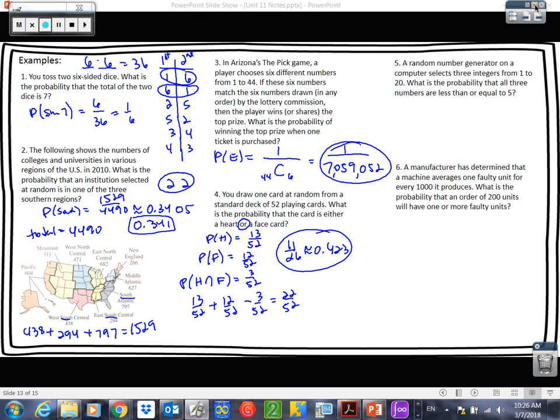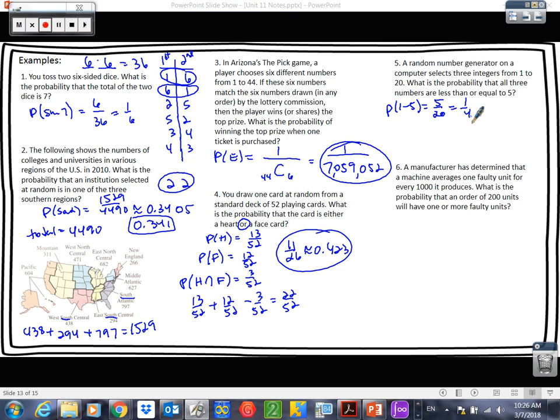How many numbers in that interval are less than or equal to 5? Just 5, right? So the probability of getting a number 1 through 5 would be 5 out of 20, or 1/4.